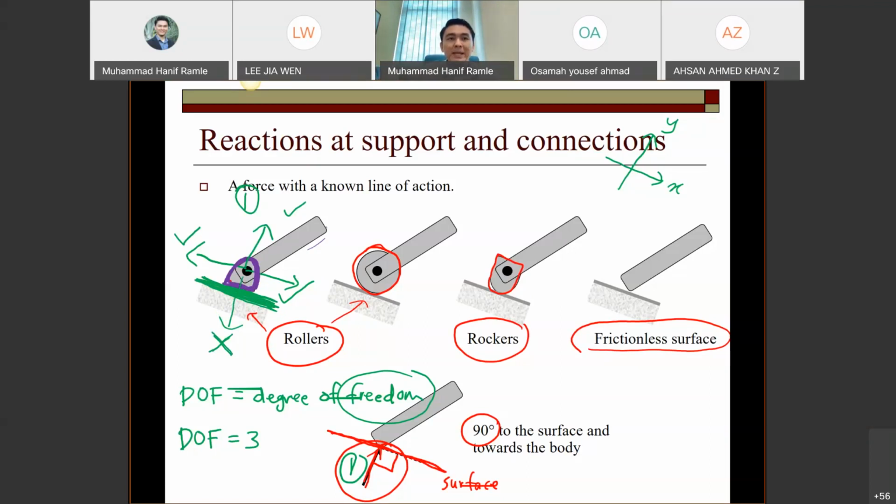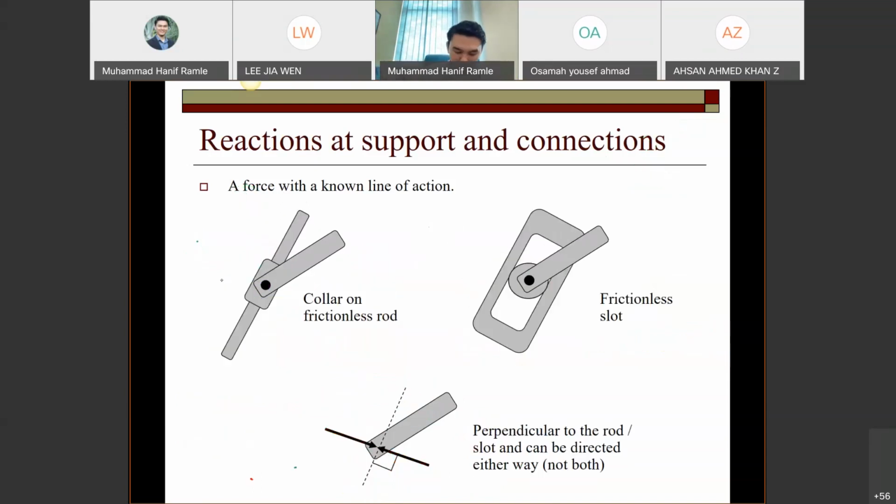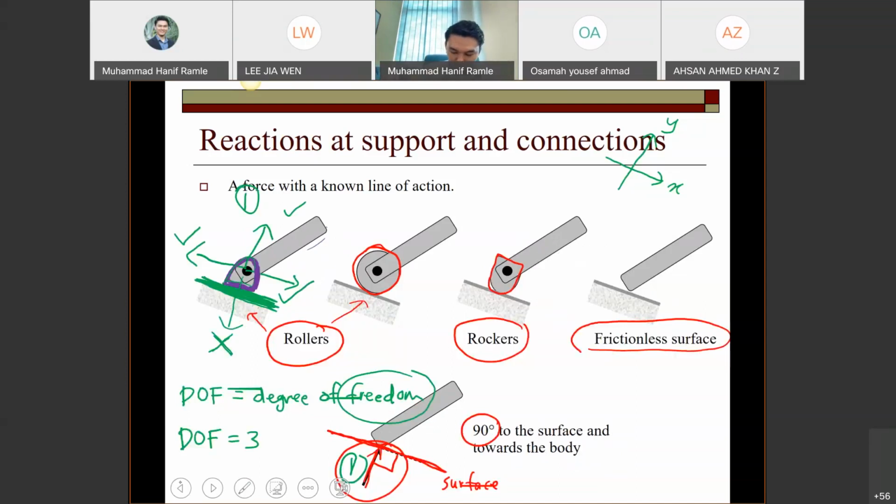No DOF means that we have a reaction there. The reaction that opposes the purple body being moved downward comes from the surface. So that's why the reaction is like this, to oppose the downward action.